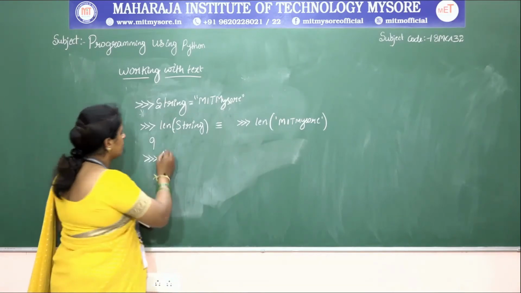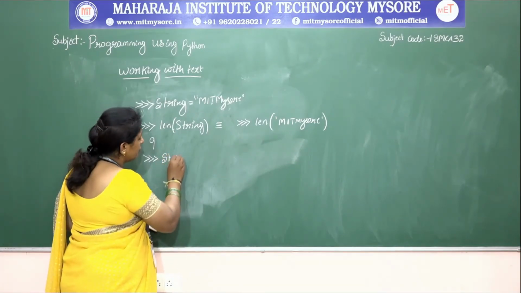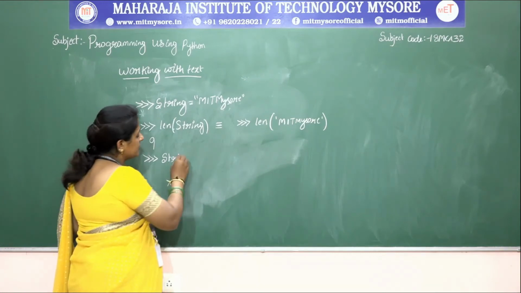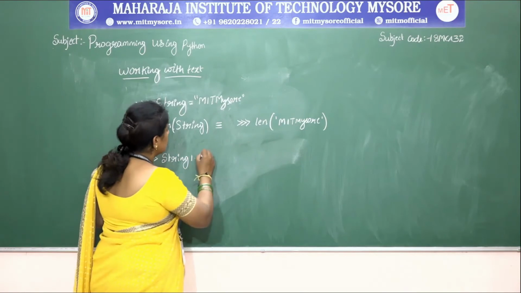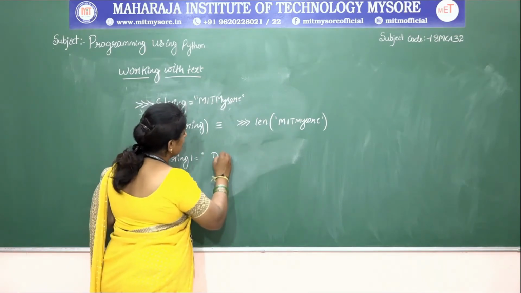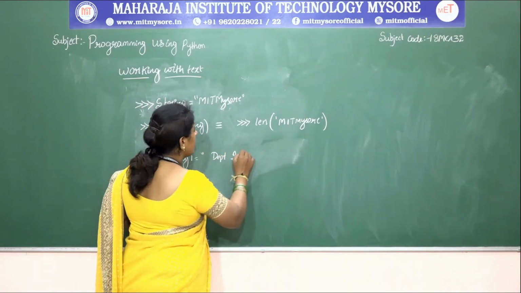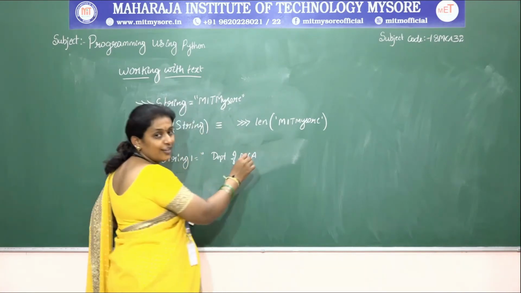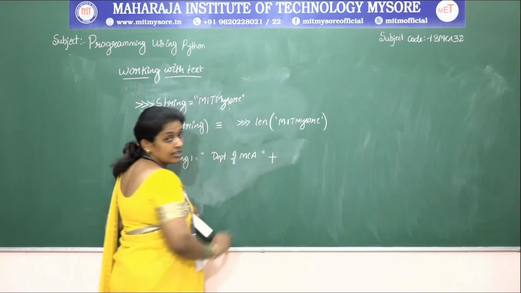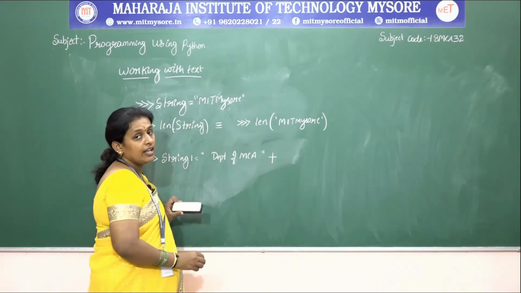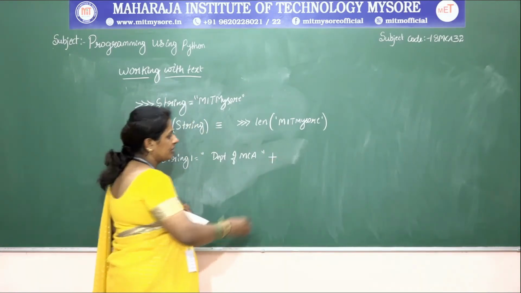Let us take one more example, where we perform the different functions on values. So string 1 will contain, as usual, "department of MCA". Here I am performing the concatenation operation.